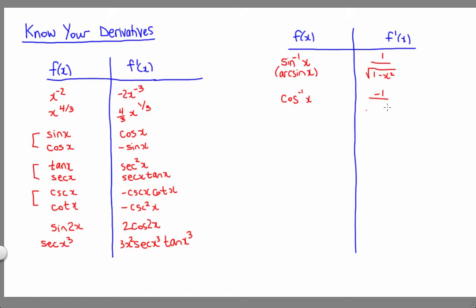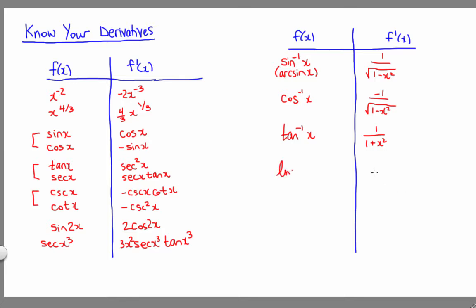It's just the negative version of what we had above. So negative 1 over the square root of 1 minus x squared. And arc tan x, if that's our f of x, then f prime of x would be 1 over 1 plus x squared. So those are our inverse trig functions.